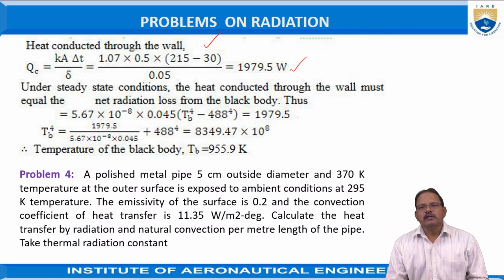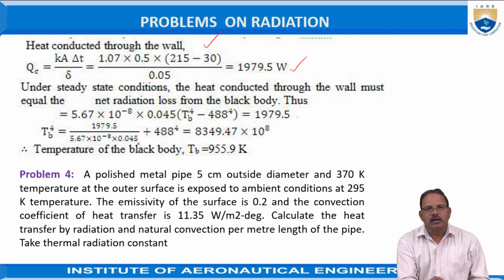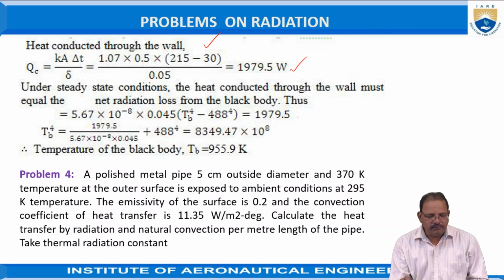Hence, by equating these two equations, we get TB to the power of 4 equal to 1979.5 divided by 5.67 into 10 to the power of minus 8 into 0.05, plus 488.88 to the power of 4. Doing the calculation, we get 8349.47 into 10 to the power of 8.